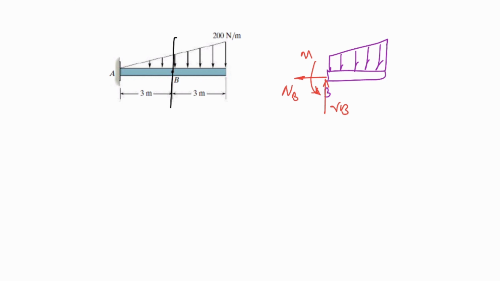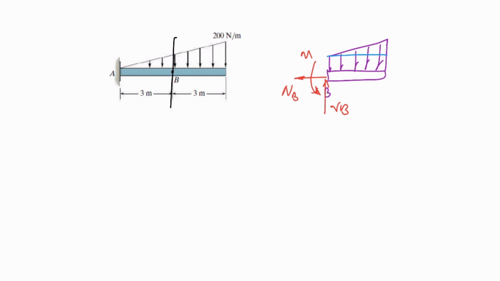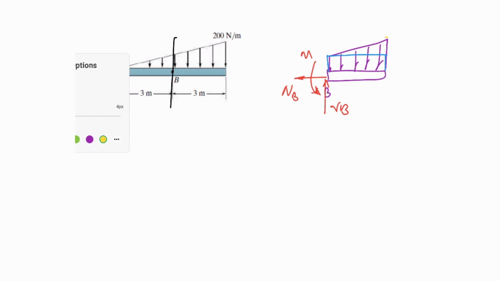Okay, as you can see, I have a distributed load and I need to deal with that. For dealing with the distributed load, you can divide it into two things. Actually, I have one rectangle over here and one triangle on the top. I can make it, for example, yellow, and I can say this is 200 and this is 3 and 3.